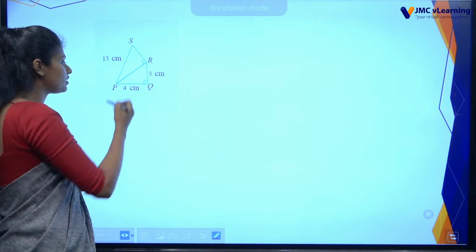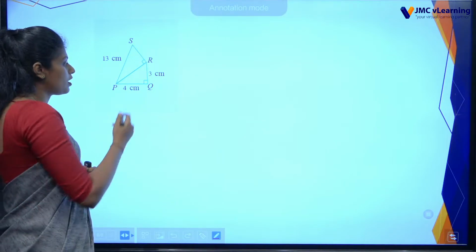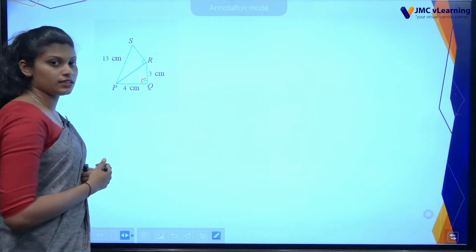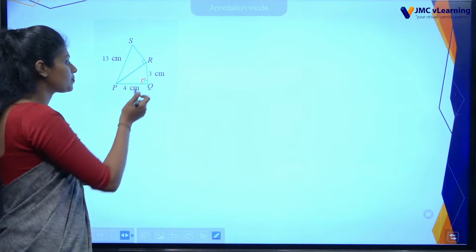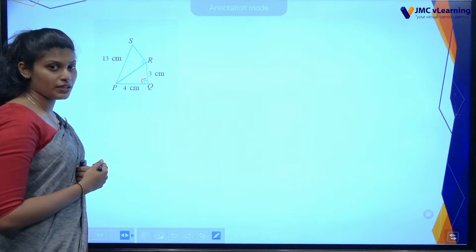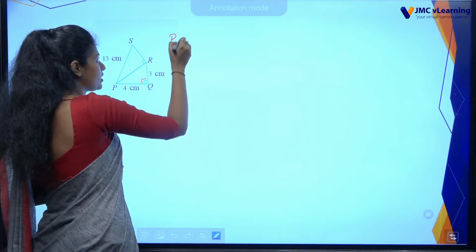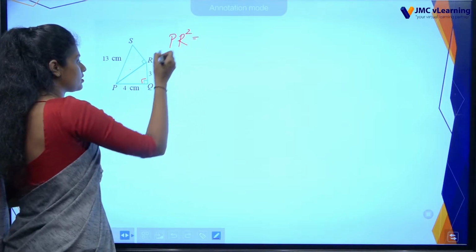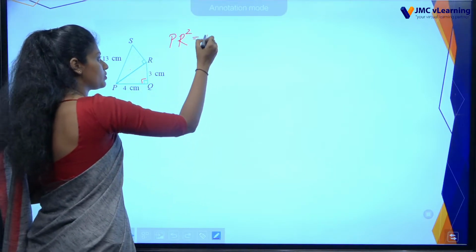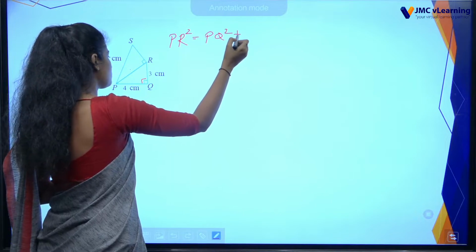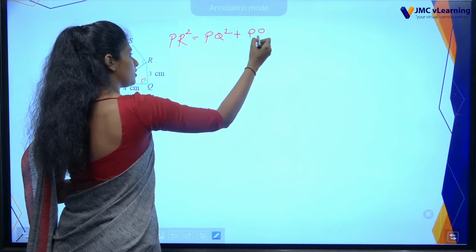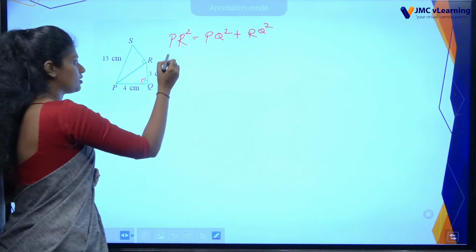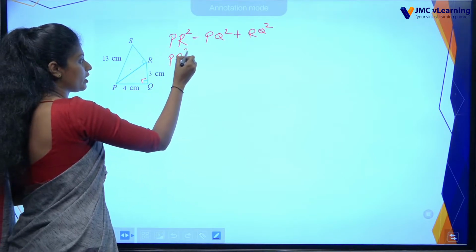Now, let's find the length of PR. This is 90 degree, a right angle, the opposite one is PR. It is the hypotenuse. Then PR squared is equal to PQ squared add RQ squared. We have to find the length of PR.